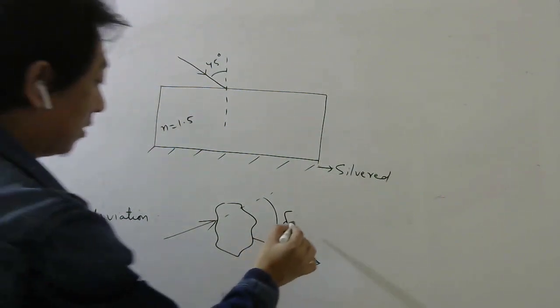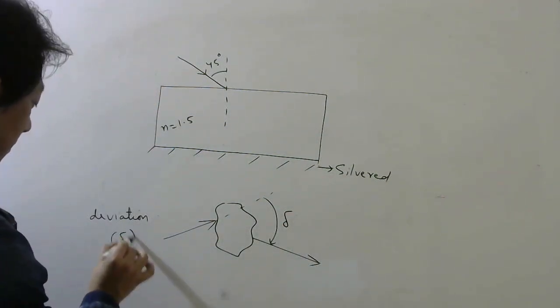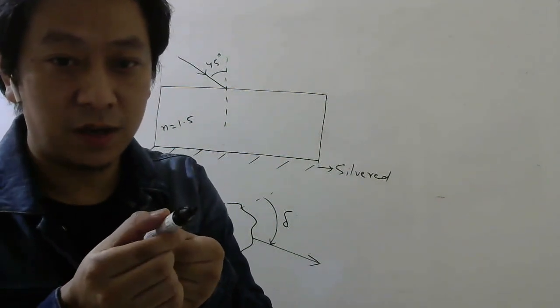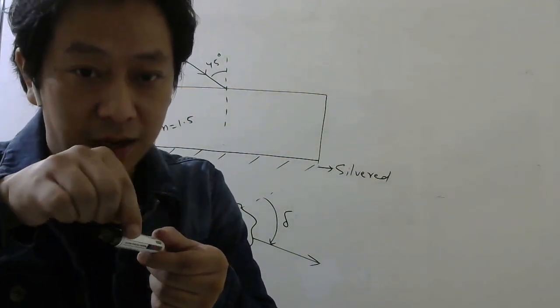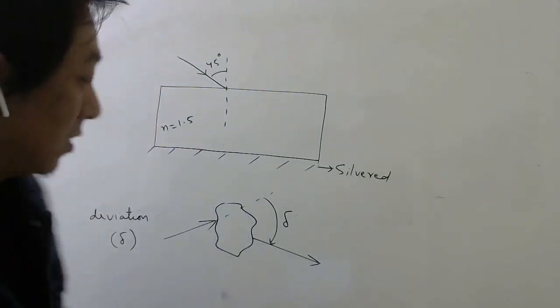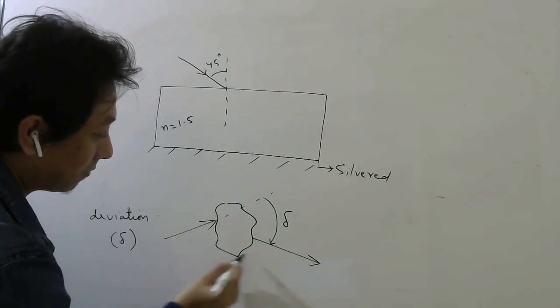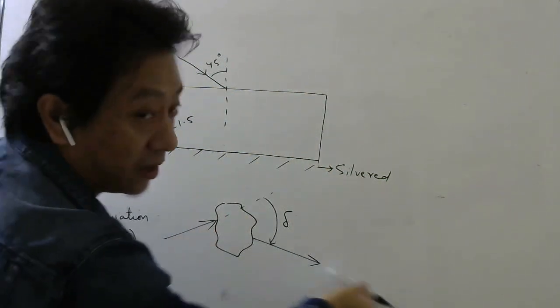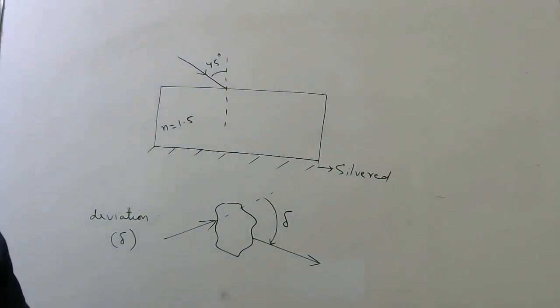So that is the meaning of deviation. If you are going this way and something happened and you went this way, then the angle by which you have deviated is called deviation. So don't measure this angle. It is the angle between the initial direction and the final direction that is called deviation.